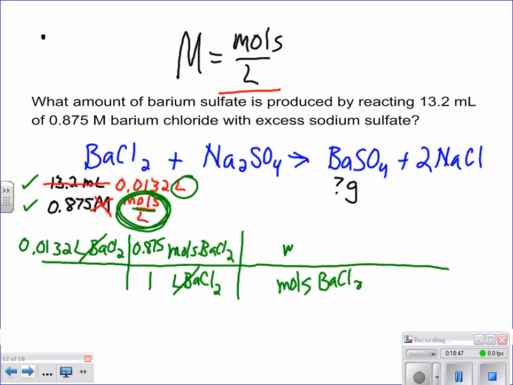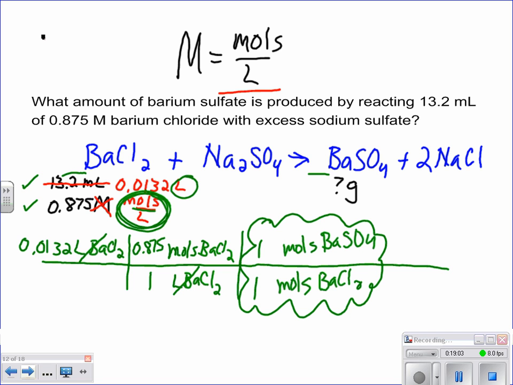We want to get to moles of barium sulfate. What number goes up top? 1. Bottom? 1. Again, that's it. So that is that step right there when you have that mole to mole ratio.